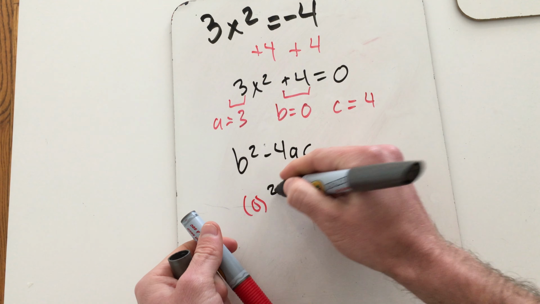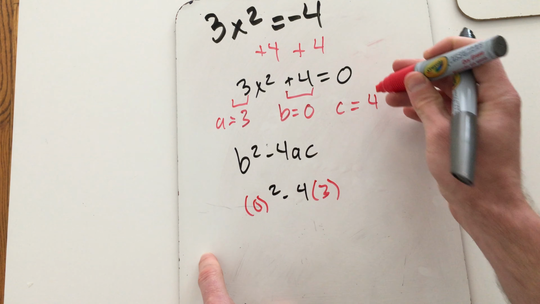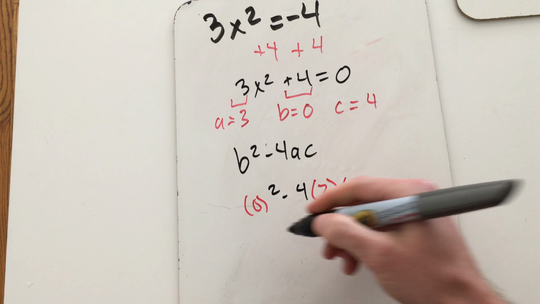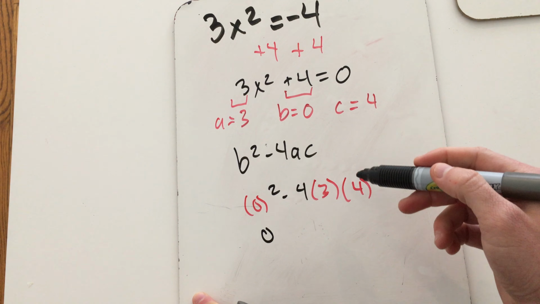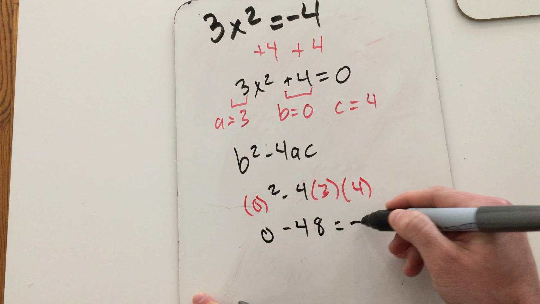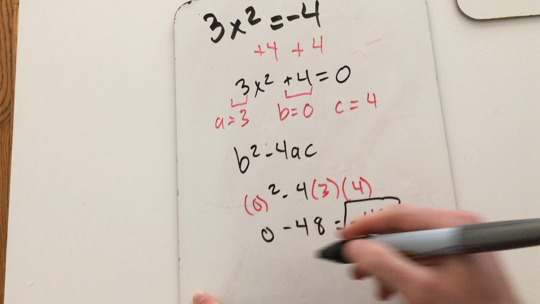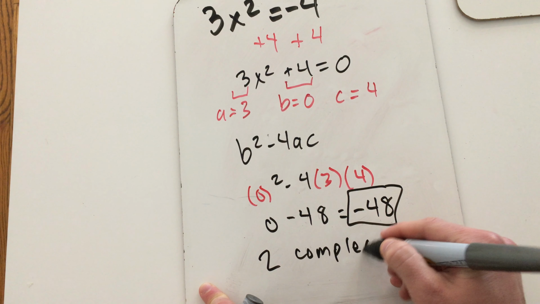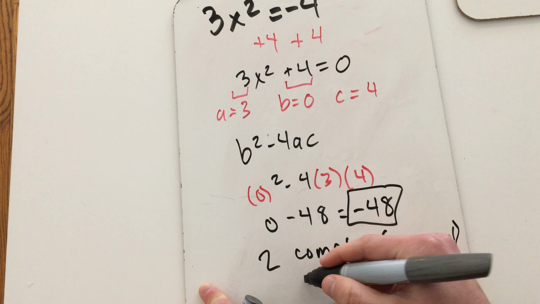So 0 squared minus 4, a is 3, times 3, c is 4, times 4. And let's see what we get. 0 squared is 0. Negative 4 times 3 is negative 12. Times 4 would be negative 48. Since you get a negative number here, this means that there's two complex or non-real solutions.